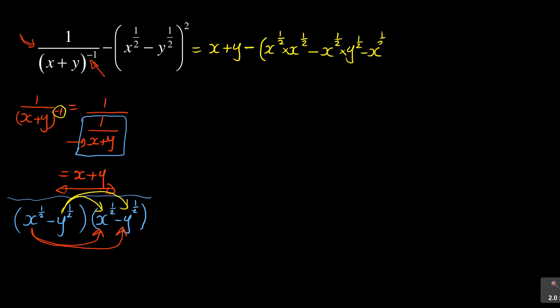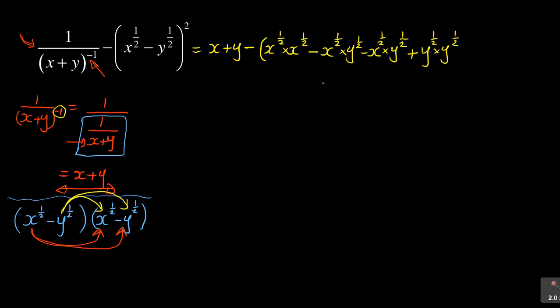So it's x to the power half times y to the power half. It is also fine to say yx, but you can always start with x and y so that it easily matches there. Now minus y to the power half times minus y to the power half, and a negative and a negative will give you a positive y to the power half times y to the power half.